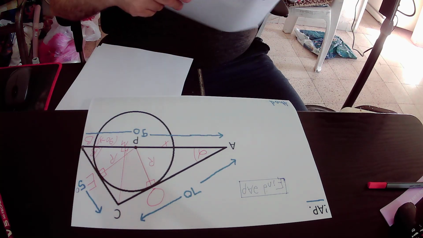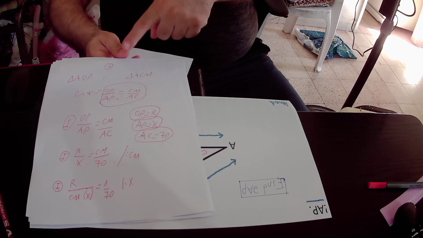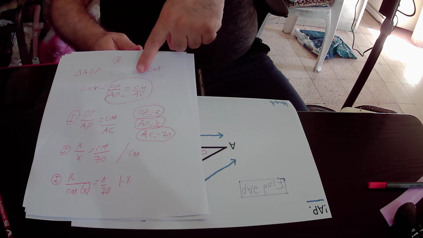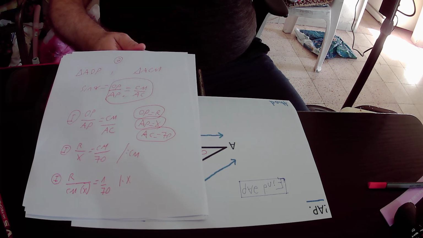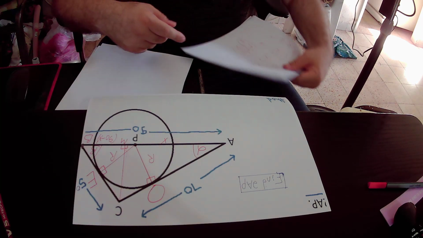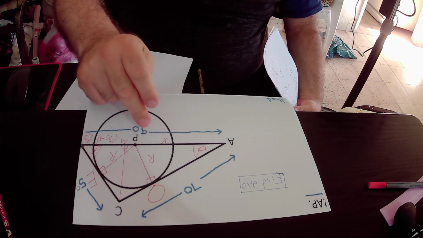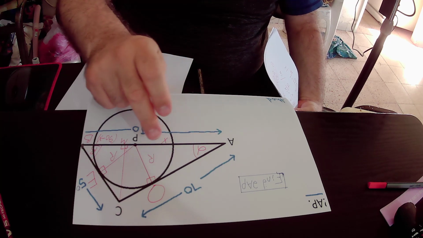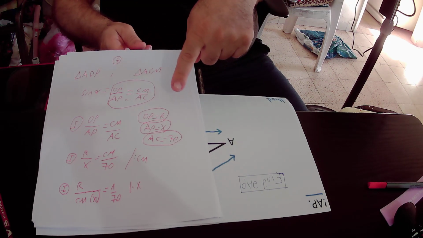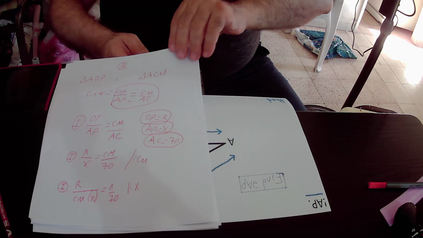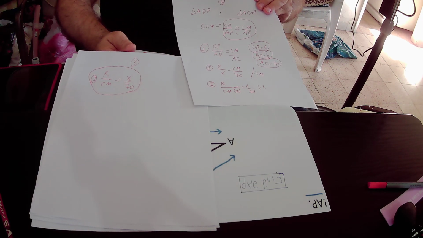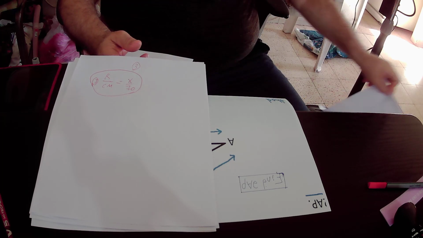So in total, sine alpha equals OP over AP, that equals CM over AC. We copied this equality and created equation number 1. But we know that OP equals R, AP equals X, and AC equals 70 units. So we put this data in equation number 1, and we got that R over CM equals X over 70.